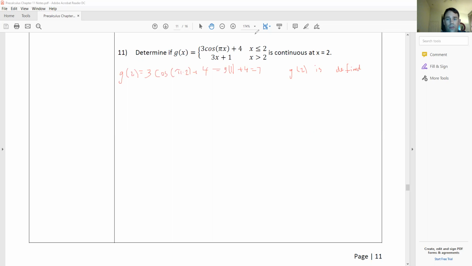The next thing is the one-sided limits. So we're first going to do it from the left side, the negative side, that's less than. And I've already plugged that in there, so I know that equals 7. Now we're going to do it from the right side.